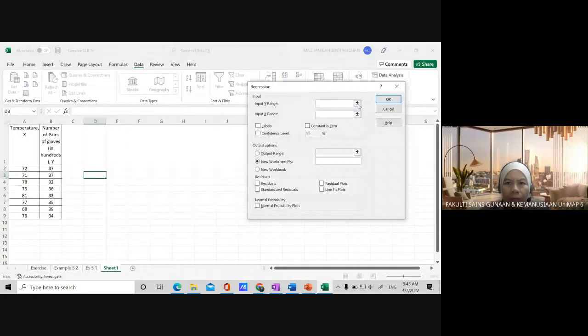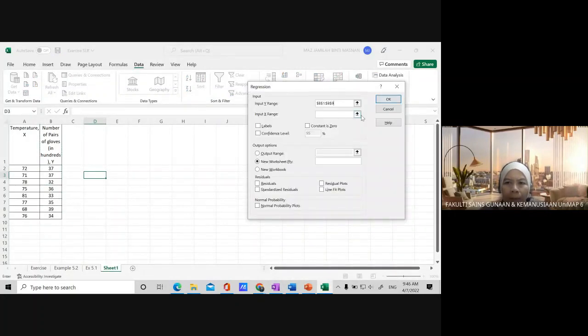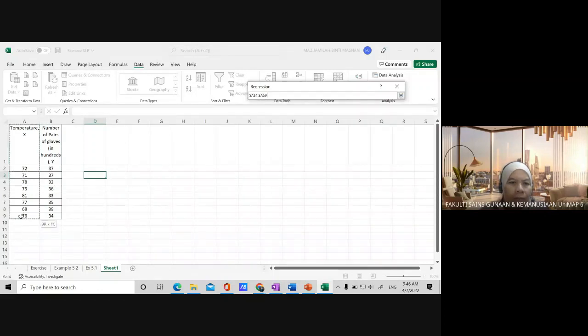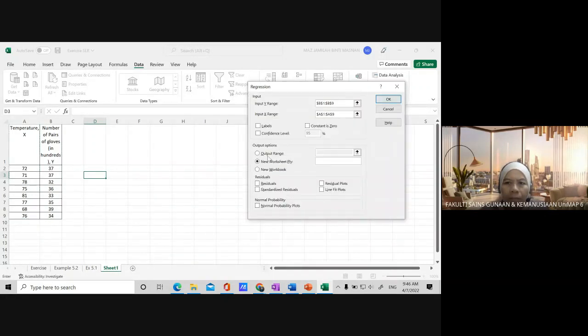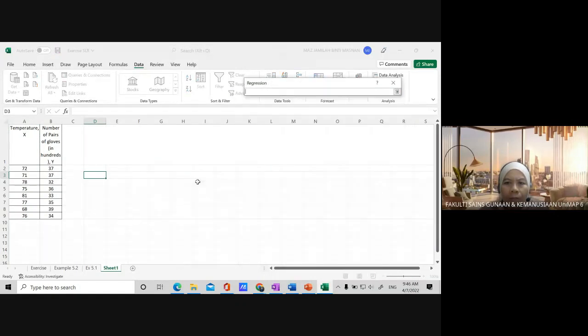Identify the Y. Identify the X. Labels included. Confidence level 95. Output range somewhere over here, let's say.